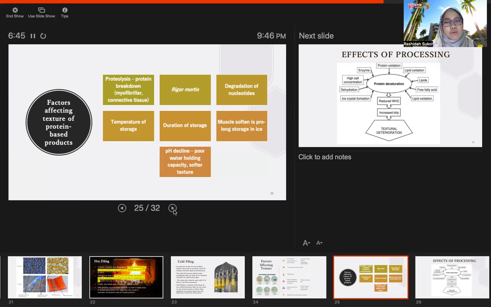That's why some foods have a storage time and storage temperature, the expiry date or best before date, because many reactions will happen in the food system.